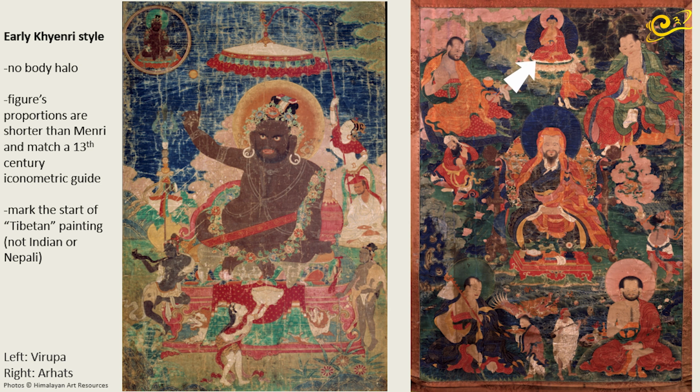The others have halos around their heads only. That's a mark of the early Kenri style. In the Kenri tradition, each figure's proportions are a little bit shorter than that of the Menri style, and the figures of the Kenri style match a 13th century iconometric guide, meaning a guide that tells us how to paint and draw the images.